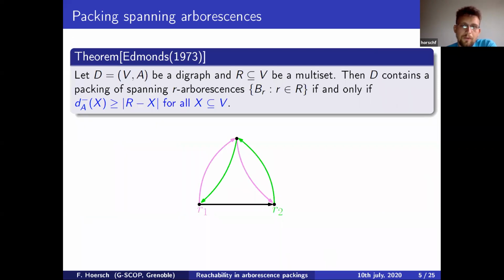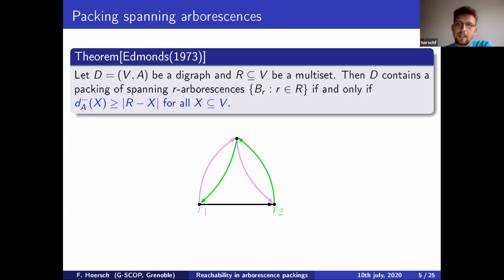Now I will show you a first slight strengthening of that theorem. This says, again, I want to have my k arborescences, but now I don't want to have the same root for all of these arborescences. I want that I can assign arbitrary roots to these arborescences. And I do not mean that the arborescences can have arbitrary roots, but I fix the roots.